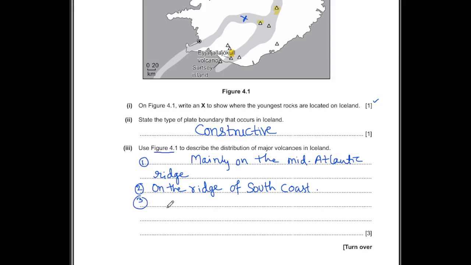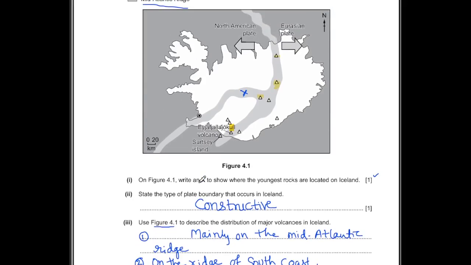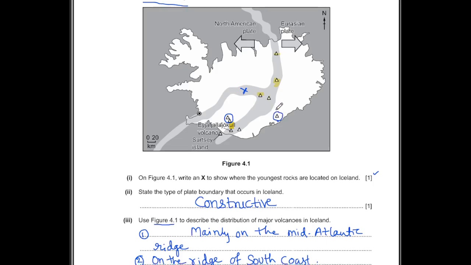Three of the volcanoes are not on the ridge. Which ones will we see here? We have one volcano here, and which one is not on the ridge? You can see these 3 volcanoes which are outside; they are not on the ridge.